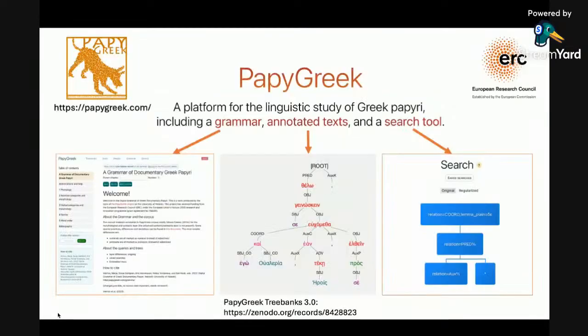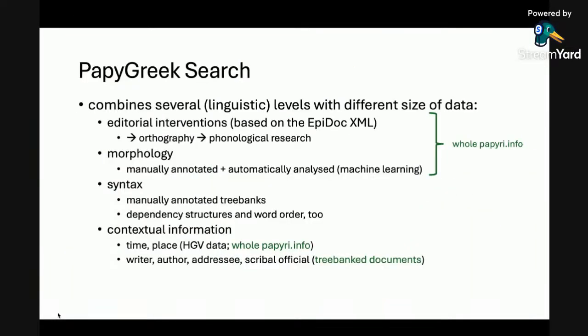Oh, sorry, wrong direction. So the PapyGreek search combines several linguistic levels with different sizes of data. First of all, there are the editorial interventions based on the EpiDoc XML. So we can do orthographic searches, and the orthography, the way things were written, can give us pointers to phonological research.